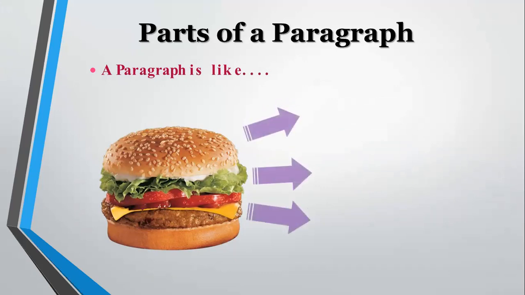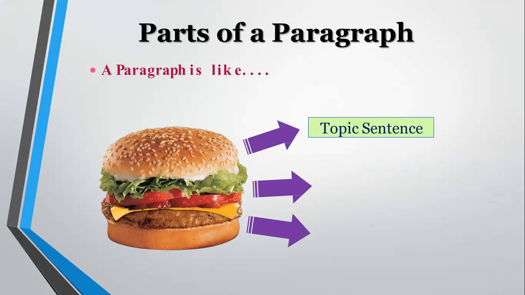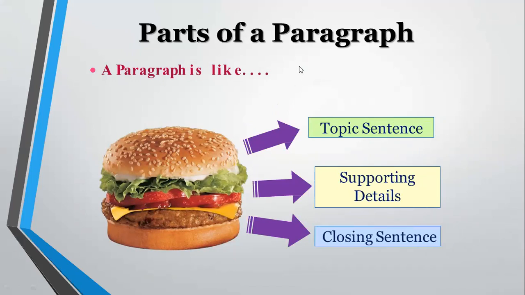The first part of the paragraph must be your topic sentence, the part on the top, the first sentence in your paragraph. The second one must be the supporting details. It's the layer in the middle, the juicy part. The third one is the closing sentence, the end of your writing, the conclusion, the part that makes you end it.